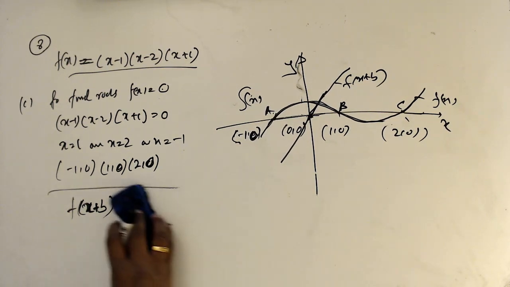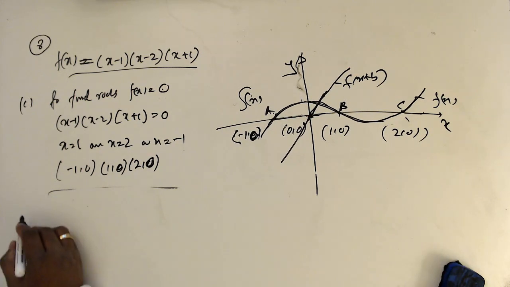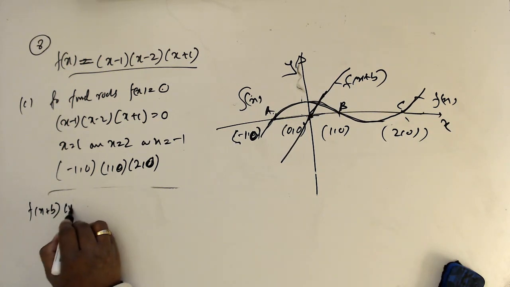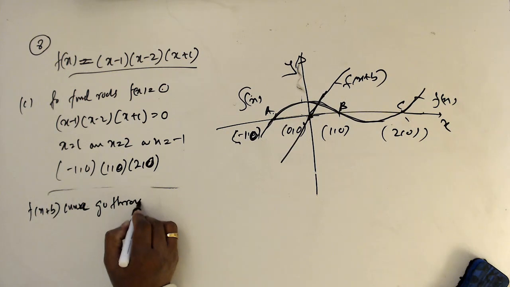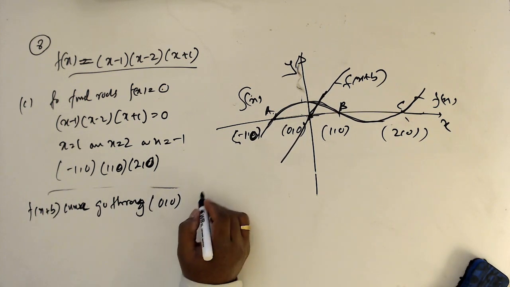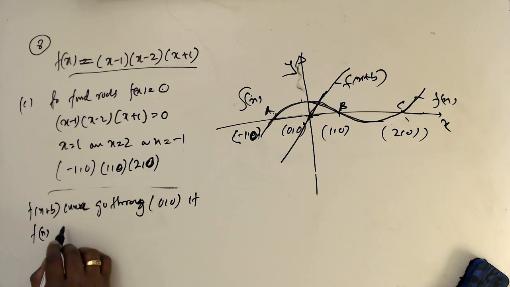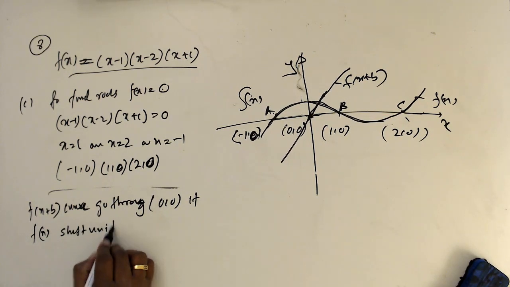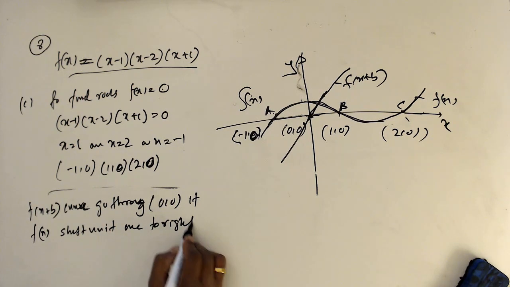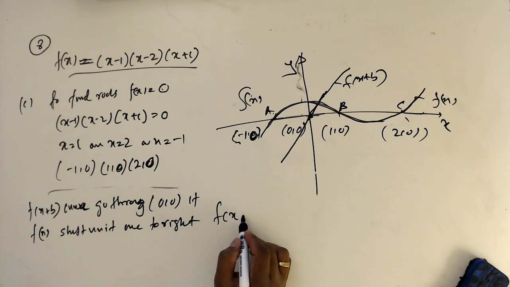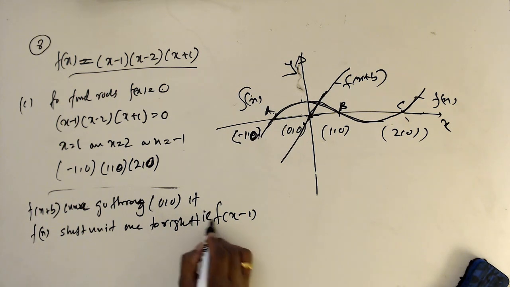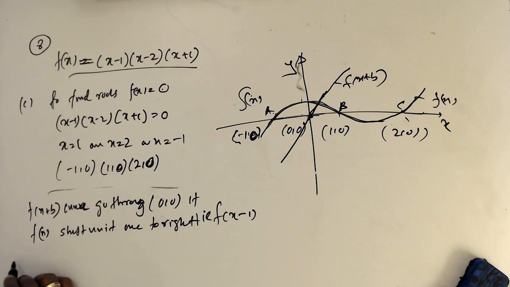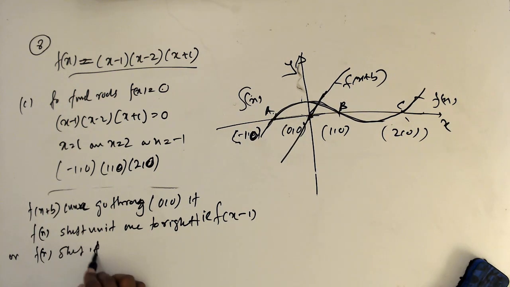So we can write: the f(x) + b curve goes through (0, 0) if f(x) is shifted 1 unit to the right, which means that is f(x - 1). Or f(x) is shifted 1 unit.